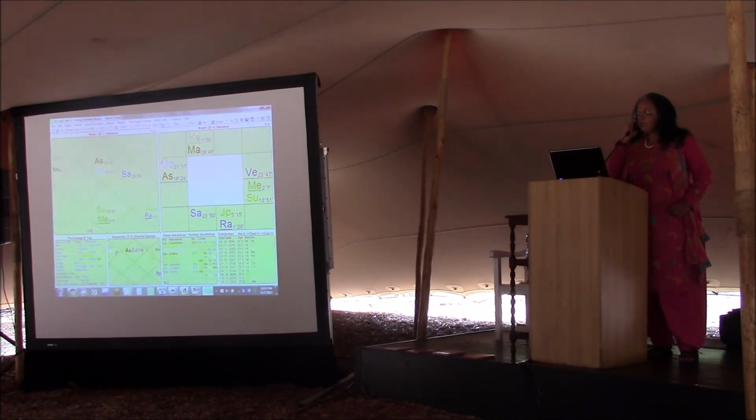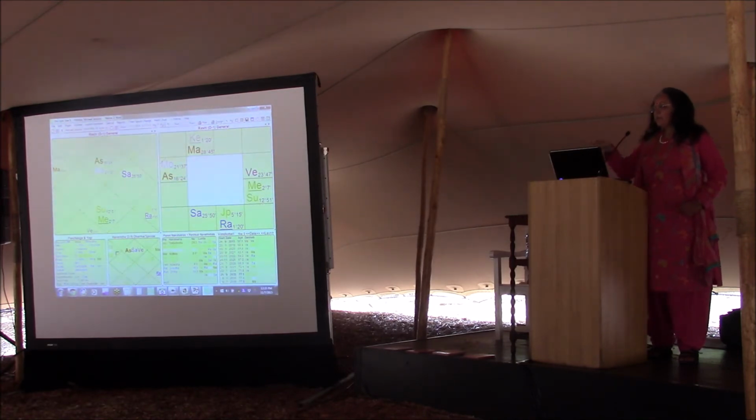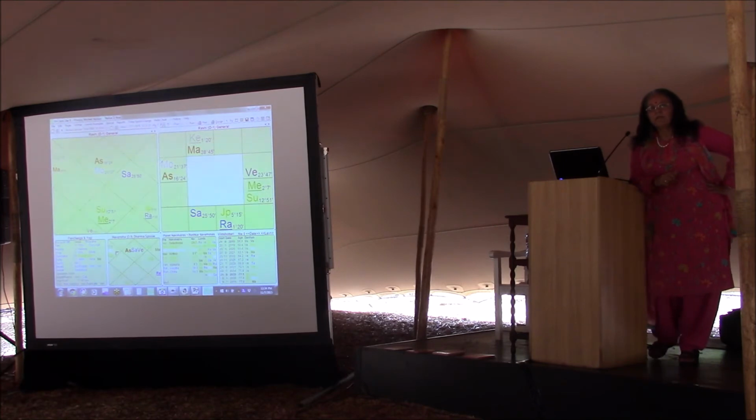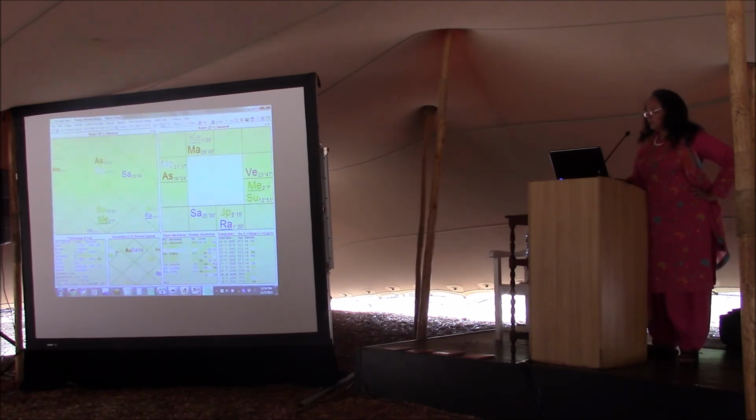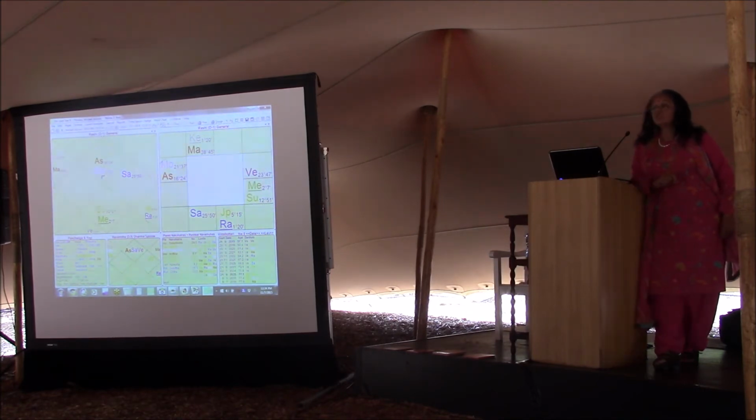So from a Vedic point of view, he has Aquarius ascendant and Moon in the ascendant. And Moon rules his sixth house, so the house of weaknesses. And Moon, of course, is all about emotions as well. Then his ascendant ruler Saturn is in Scorpio, and Scorpio is a very complicated sign.